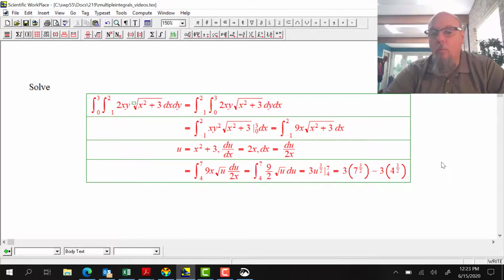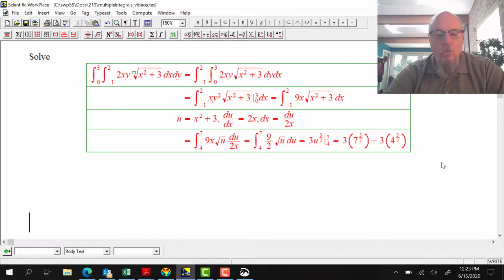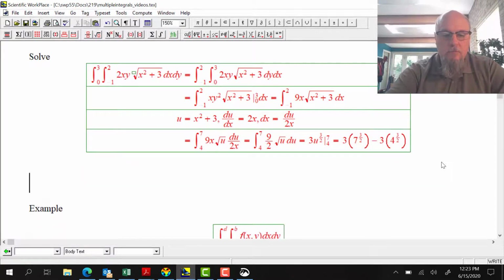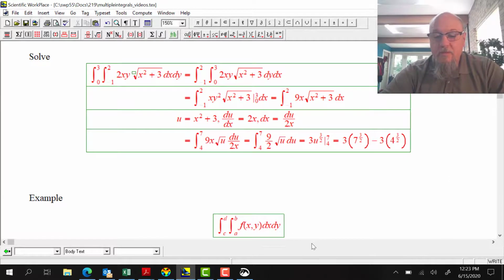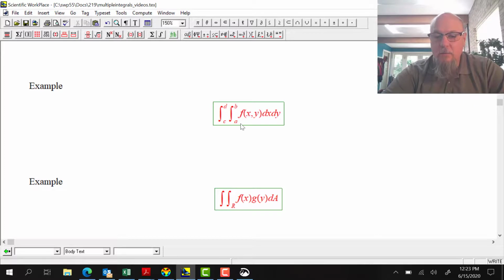So let's formalize the thing that we've already kind of noticed here. If I'm integrating over a rectangle, how do I know this is a rectangle? Well, this must be x equals a and x equals b, y equals c and y equals d. I know this is a rectangle.